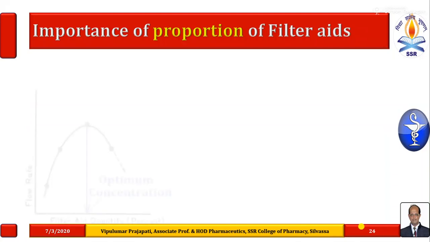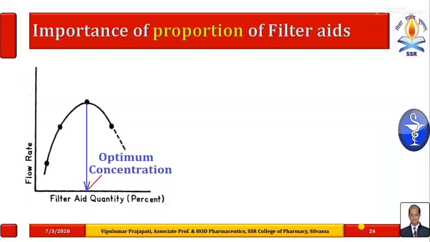Let us check this. If we perform the practical in the laboratory, we have to prepare a slurry of fixed percentage proportion. For example, 5% weight by volume, 500 ml or 100 ml of slurry of calcium carbonate in water.